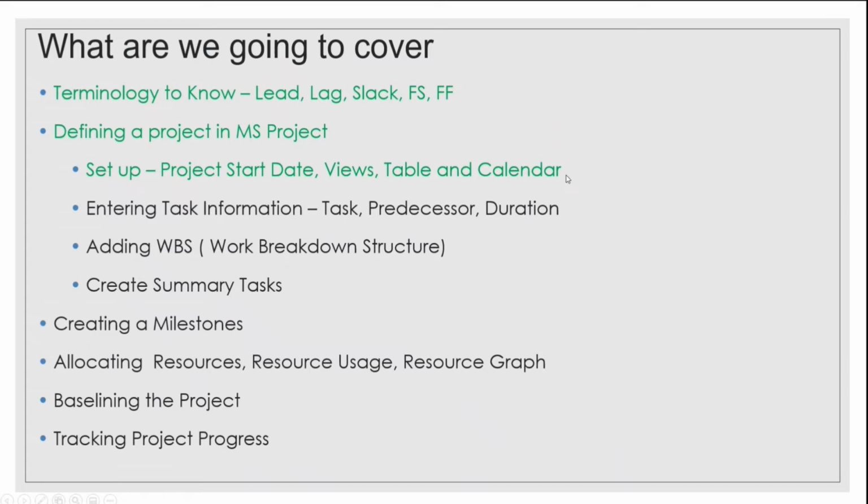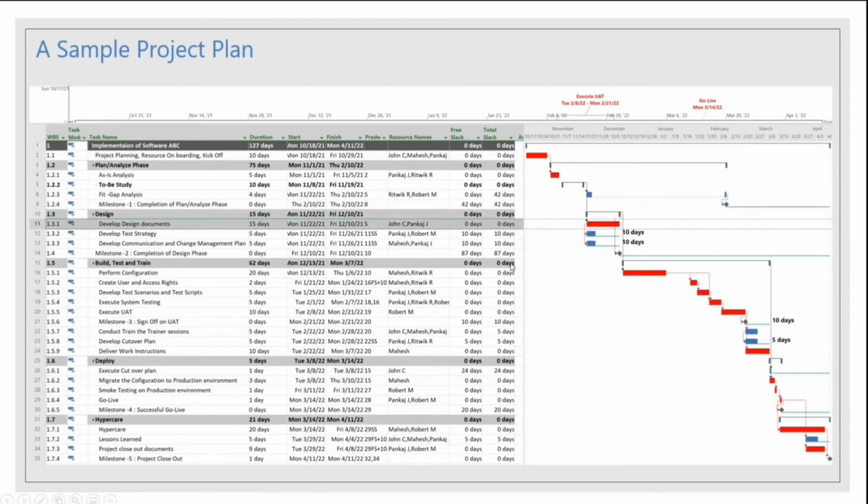So we have covered the first 3 points. Now entering task information. Now we are going to open Microsoft Project, or if you have already opened it, you can start entering the tasks along with me. For this, I have selected a sample project plan.